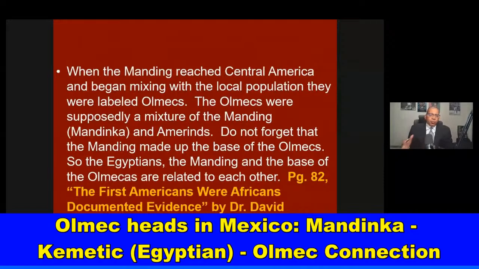When the Manding reached Central America and began mixing with the local population, they were labeled Olmecs, supposedly a mixture of the Manding or Mandinka and American Indians.